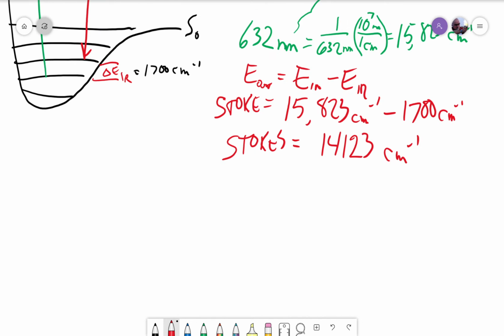That in and of itself may not seem very interesting, but we can also convert this back to wavelength in nanometers.